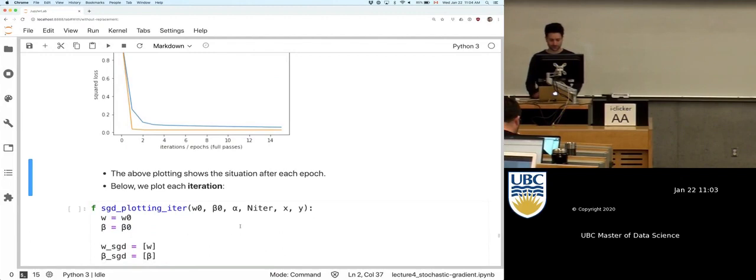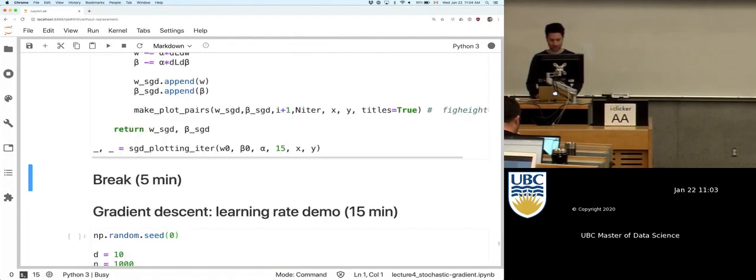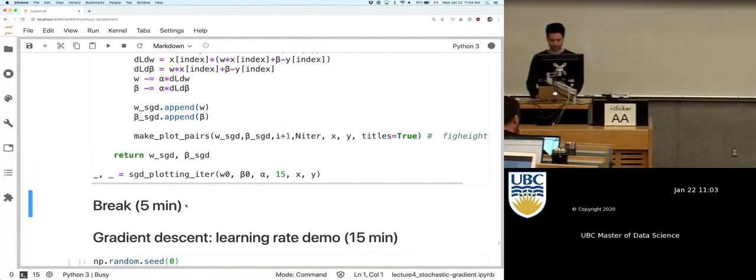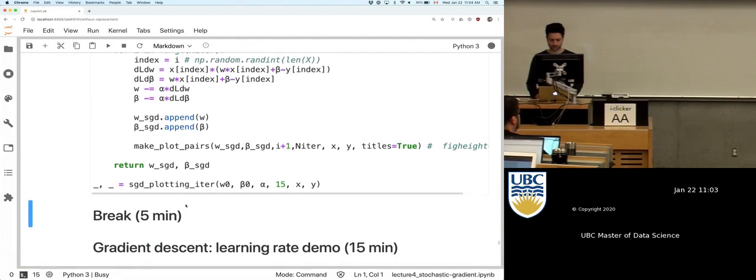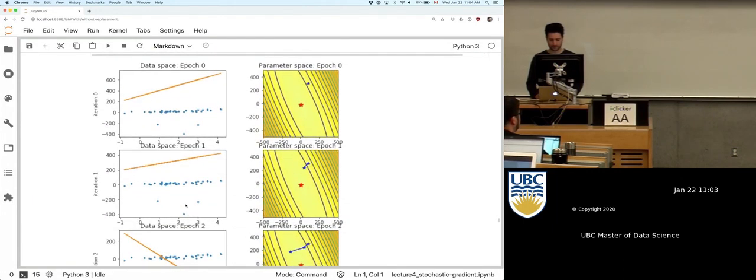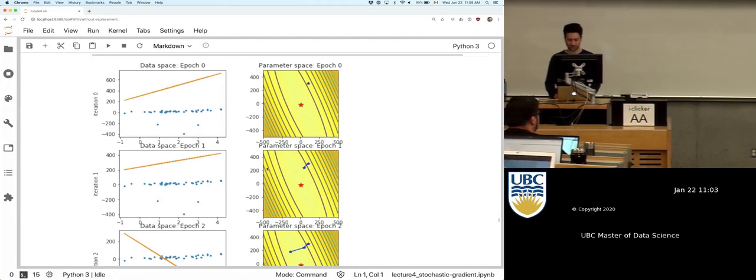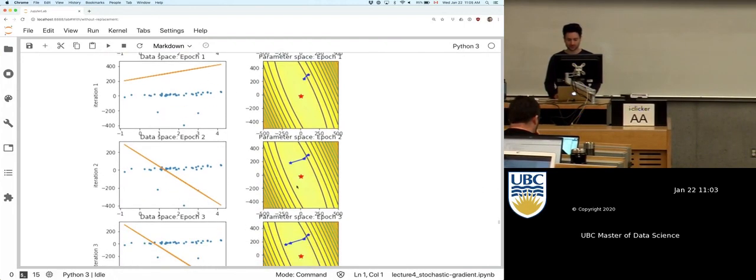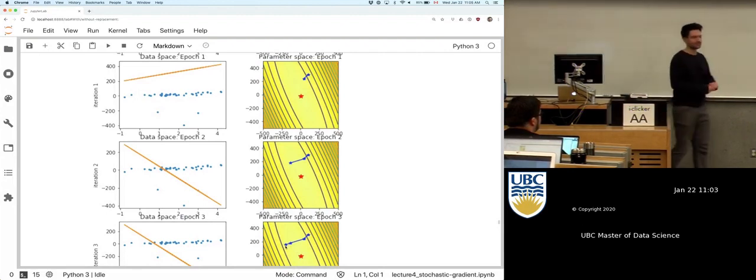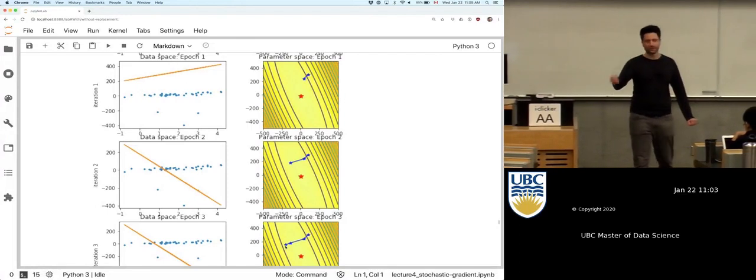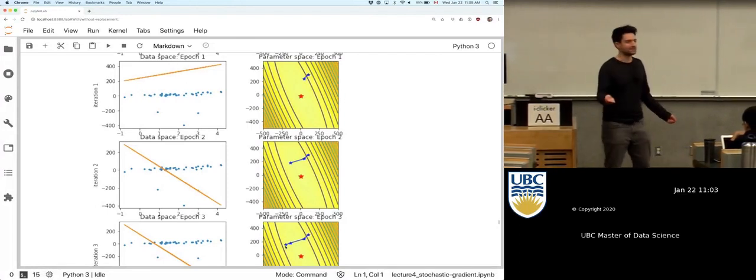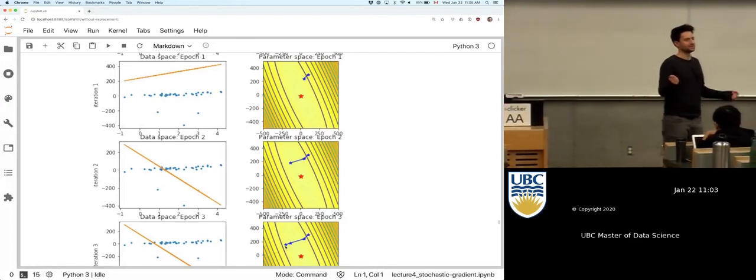Okay, so here's the other plot I wanted to show you per iteration. Let that load. Okay, so these are individual iterations now. Ignore the label. They're not epochs, they're iterations. So what you can see, for example, is these two steps are not really steps in the right direction. This is not really accomplishing that much. And this step here is actually going completely in the wrong direction. And here my batch size is 1. So I have randomly picked a training example, and it's picked a training example that actually is misleading us.